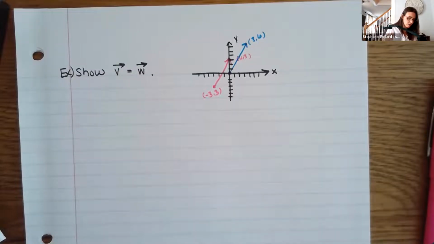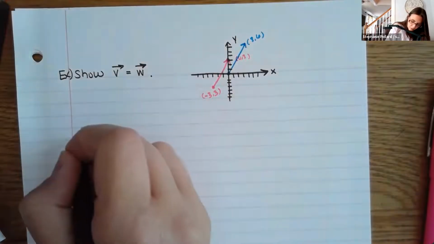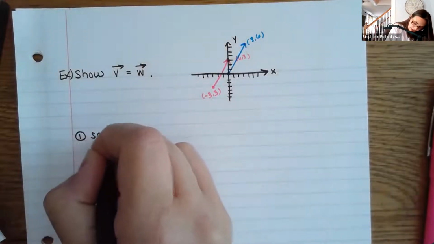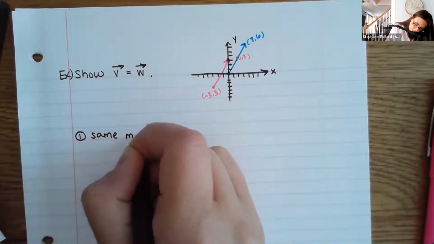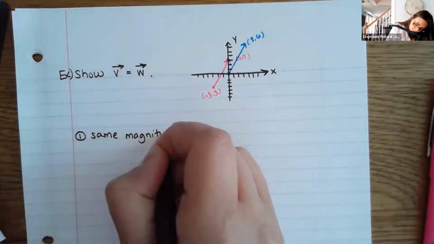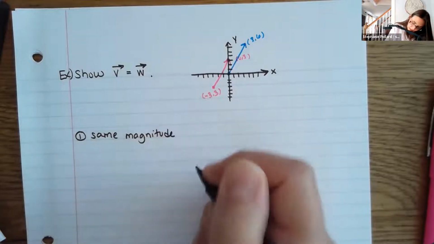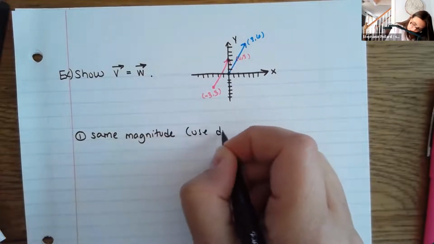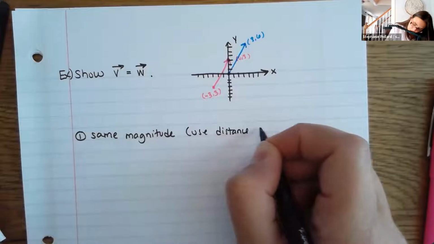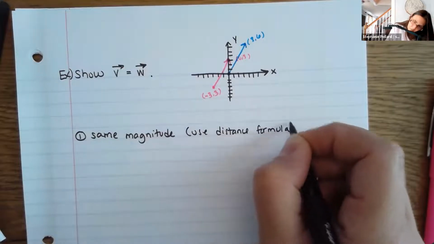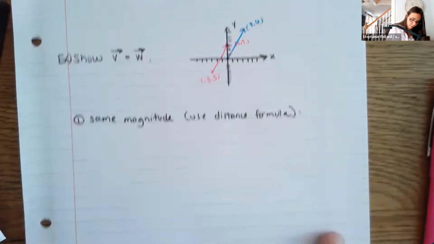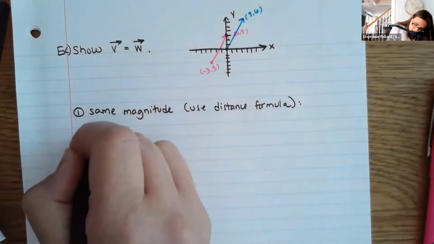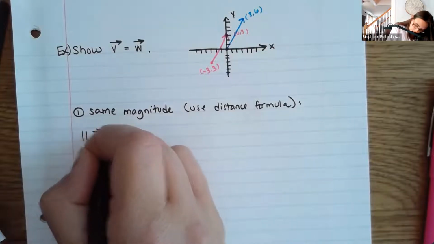So let's actually check. So the first thing I'm going to show is that they have the same magnitude. And to do that, I'm going to go ahead and use my distance formula. So I'm going to find the magnitude of v first.